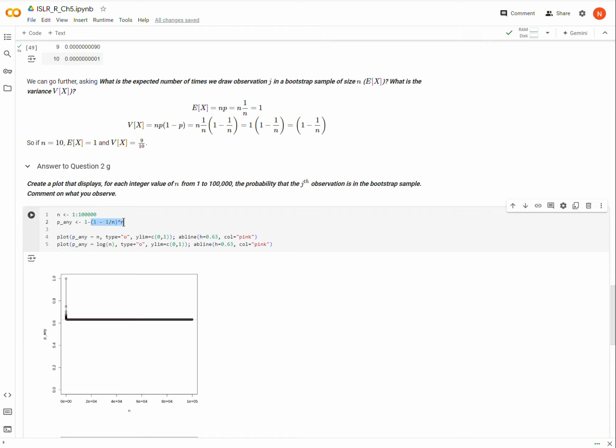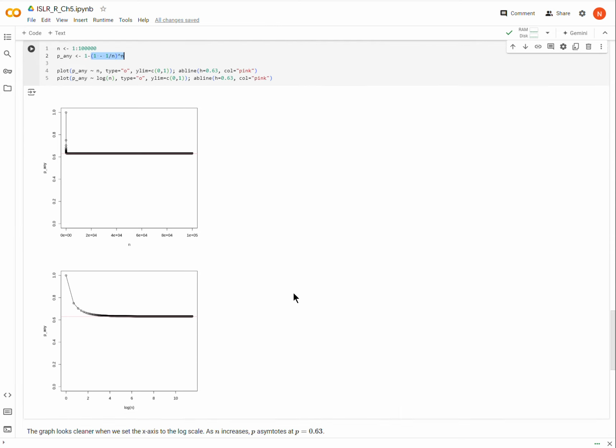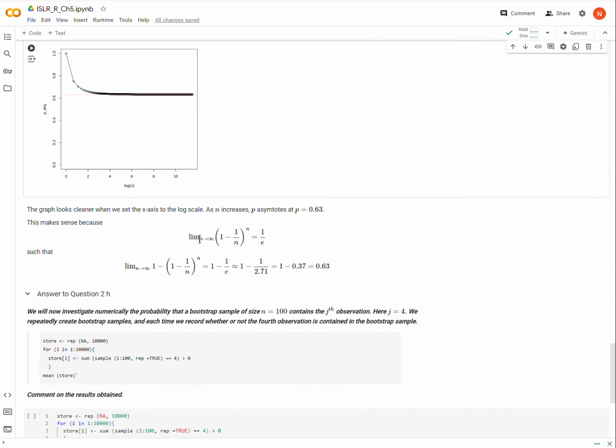I'm omitting that leading 1 there for a reason. So this expression right here is 1 over e. I'm not going to derive that here, but this is what it is.